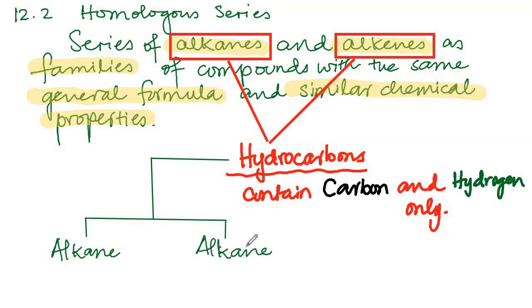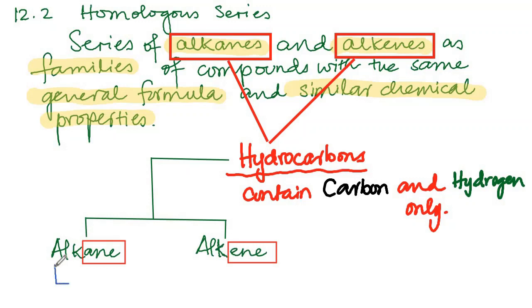Focus on the last three letters. They are very important because the A and E in alkane mean something. It means the compounds which contain only single covalent bonds, and alkenes means the compounds which contain a double covalent bond, at least one double covalent bond.